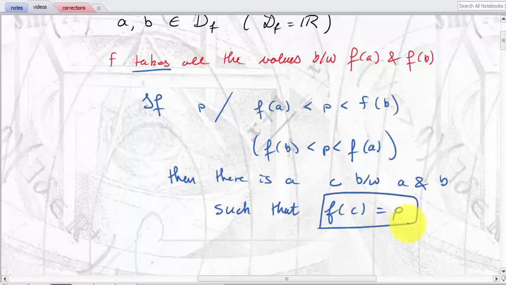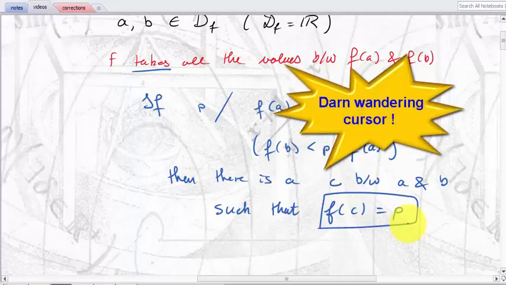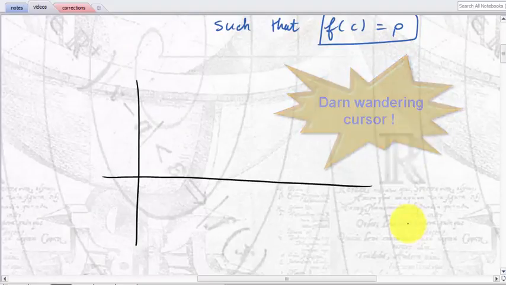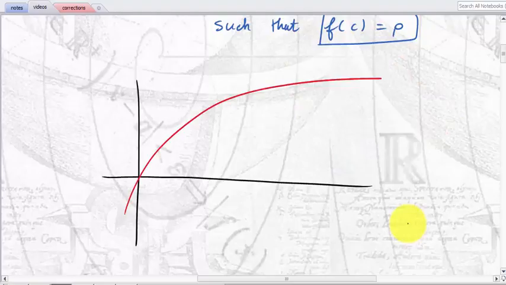Okay, let me show you graphically. Maybe right now you're starting to understand, maybe not. So I'm going to take a function that is continuous. So for example, something like this, it is continuous, right? And I'm going to take two inputs. Here's a and here's b right here. Here is f of a and here is f of b right here.